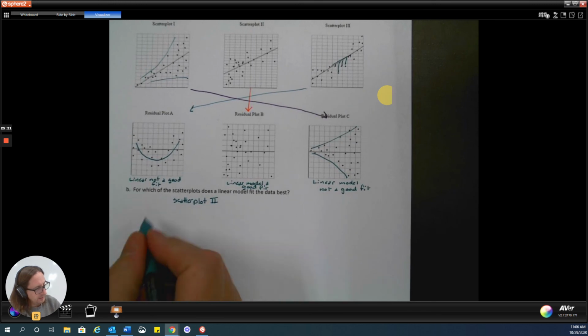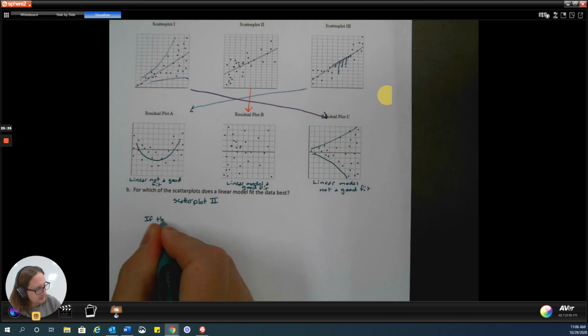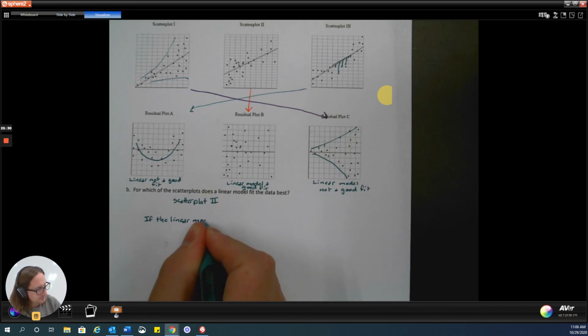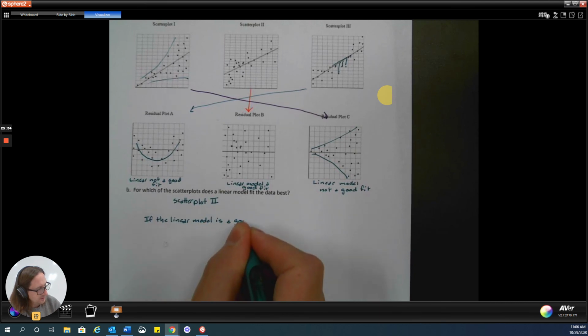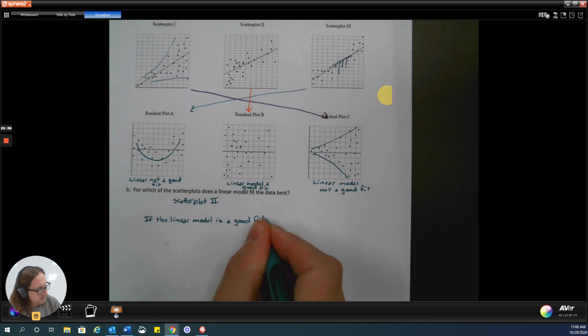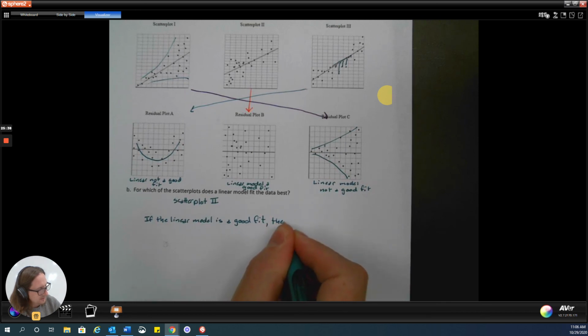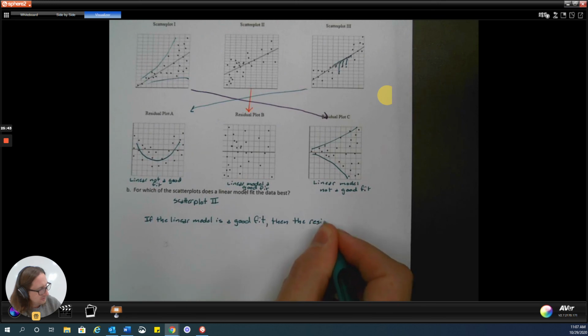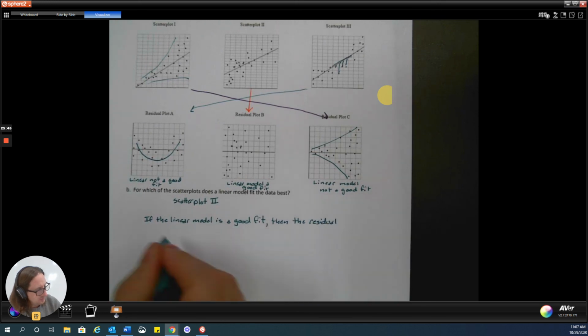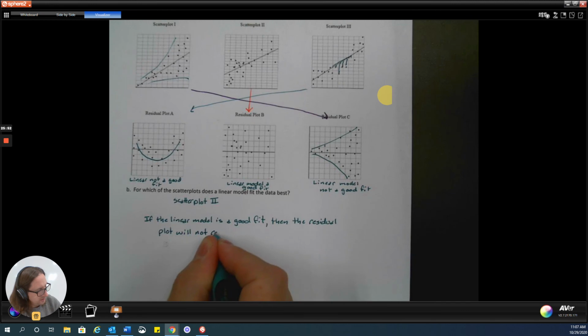And what we're looking for is, if the linear model is a good fit, then the residual plot will not reveal a pattern.